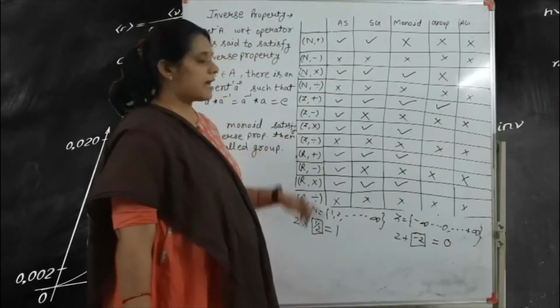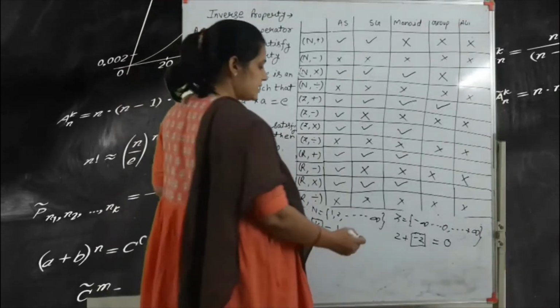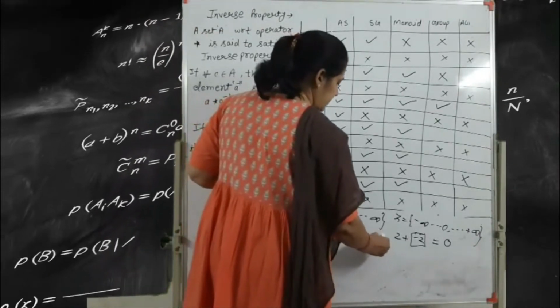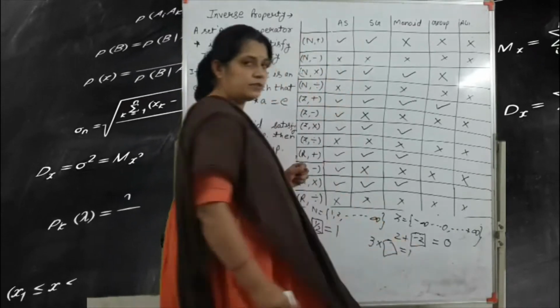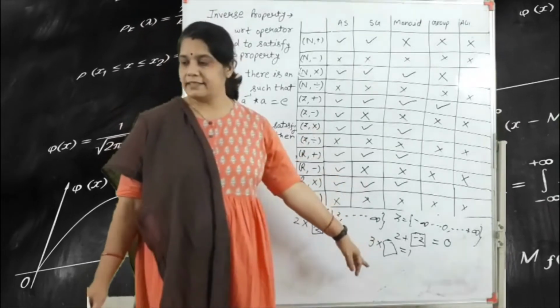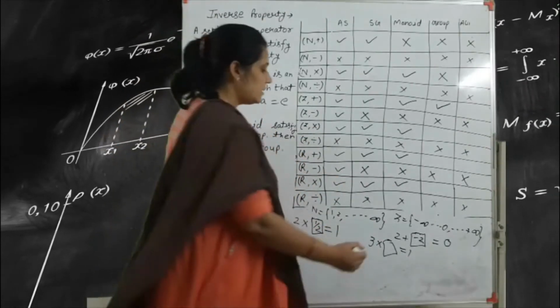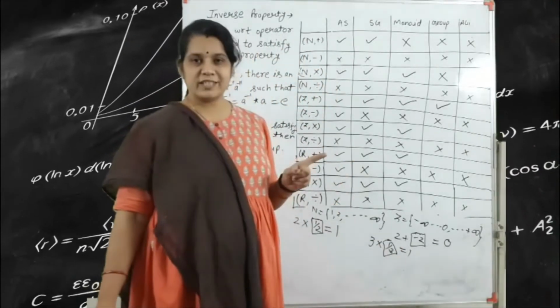Next one is Z multiply. According to Z multiply, if we use 3, which number do we multiply by to get 1? With the multiplication operator our identity element is 1, so we write 1 by 3. Got it? But 1 by 3 is not included in the Z set.